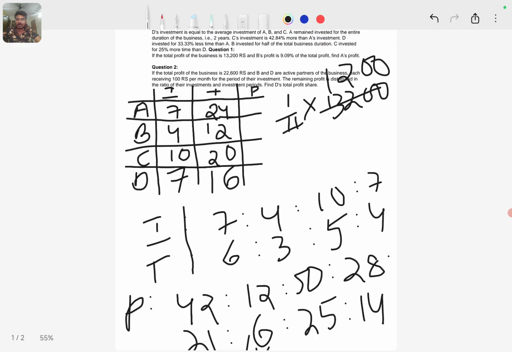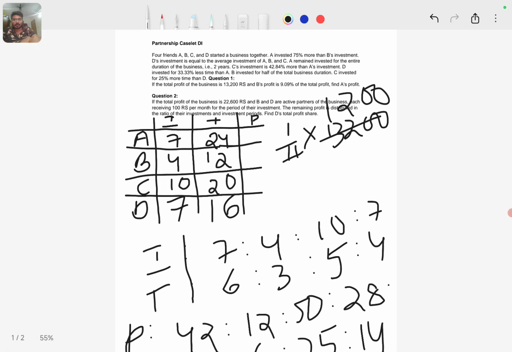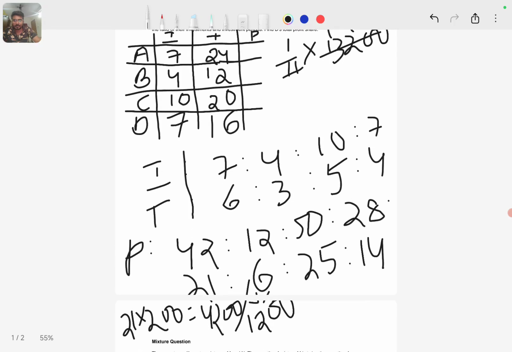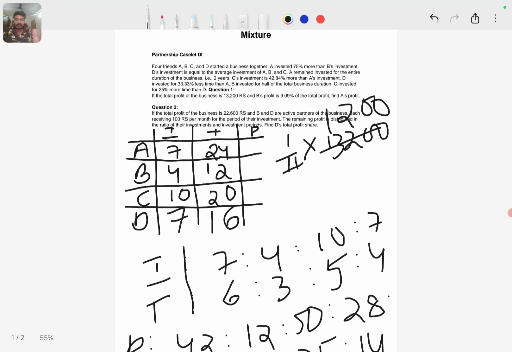I hope you understand the first question. First, I wrote all the ratio relationships in the investment, and I took the time relation in ratios, multiplied investment into time, and got the profit ratio. We didn't have any other extra data in the caselet, so we directly jumped into the question.